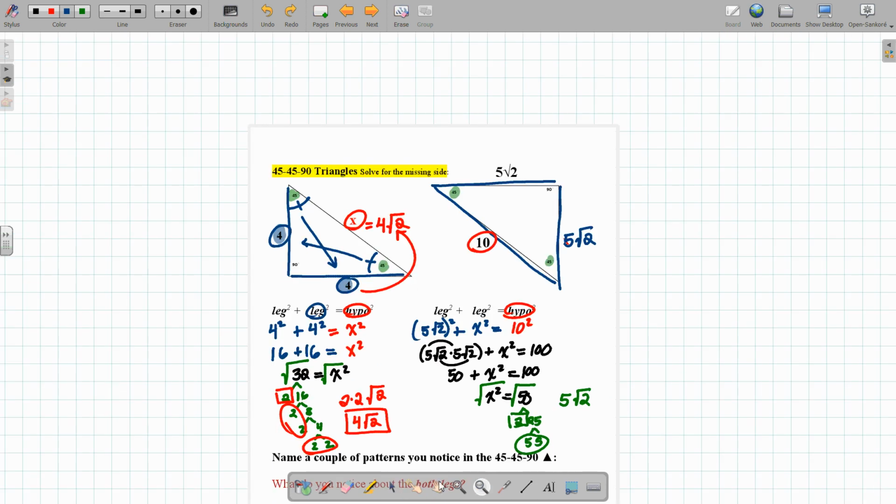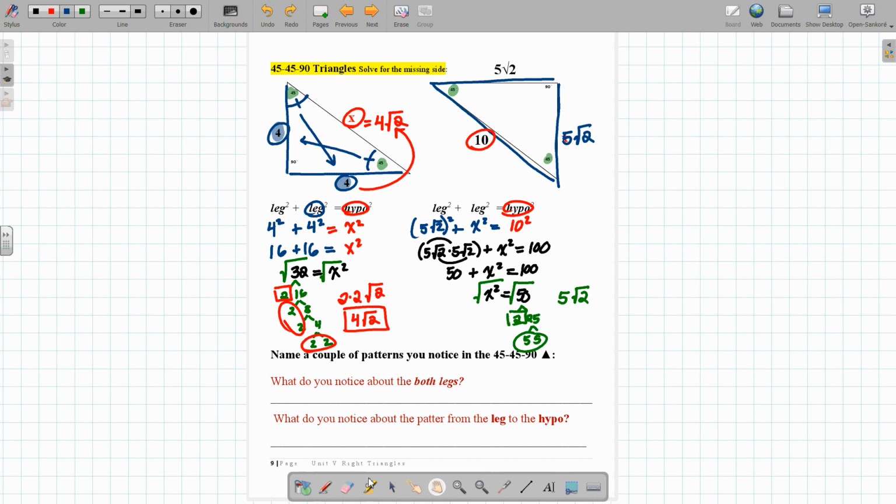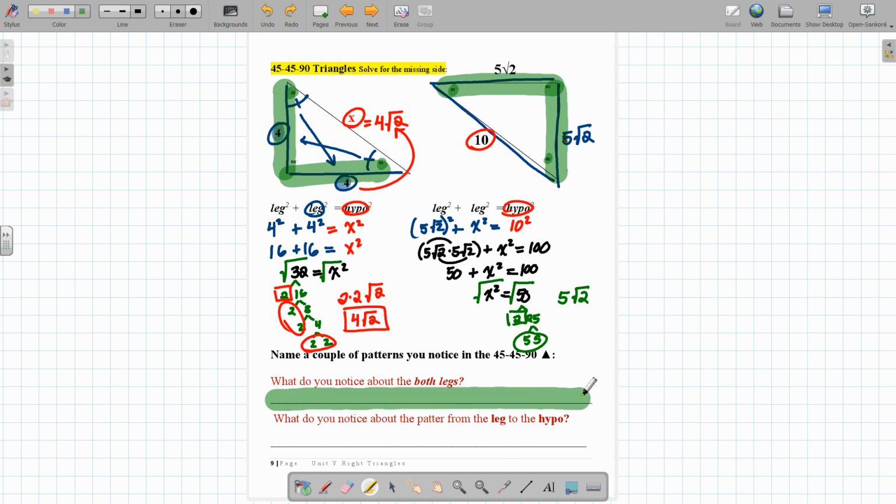So ask yourself these questions. 1, what do you notice about both legs in both circumstances? 2, what do you notice about the pattern from either leg to the hypo?